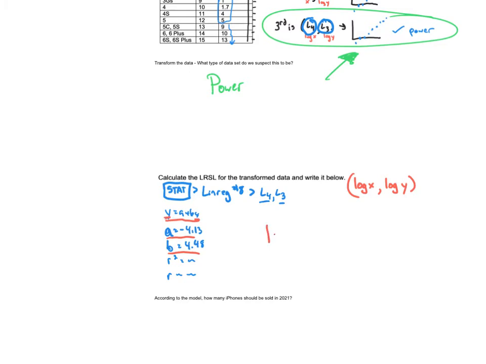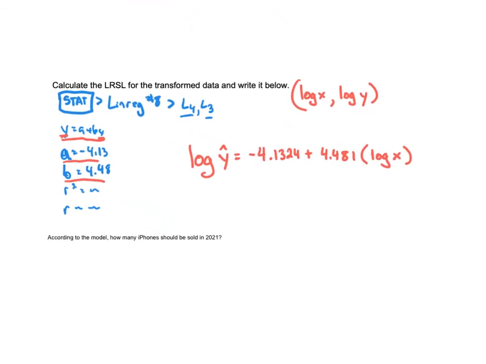So it's going to be like this: log of y hat is equal to a, which is negative 4.1324, plus b, which is 4.481, times the log, because we logged also the x there. This is how we write the least squares regression line and transform model.